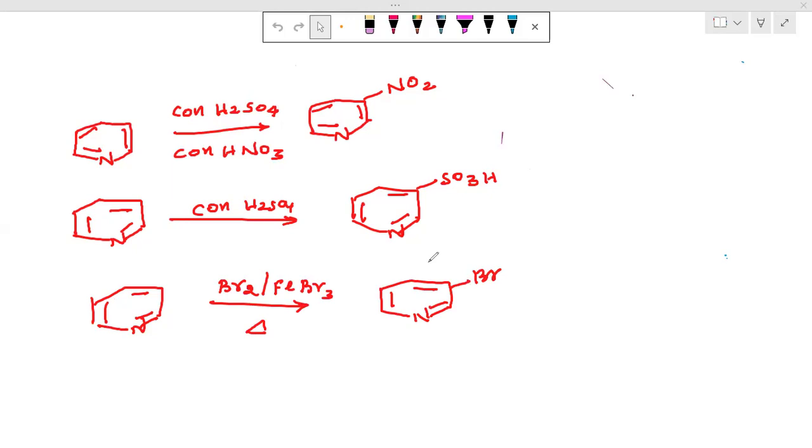What reason have we given? This is an important note. Why is C3 more stable?